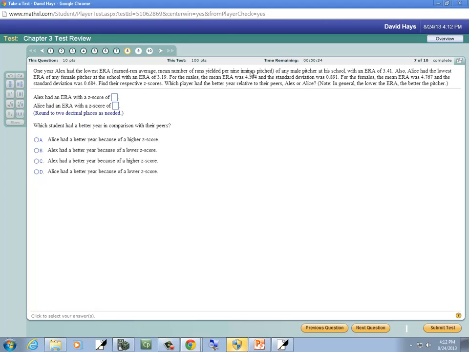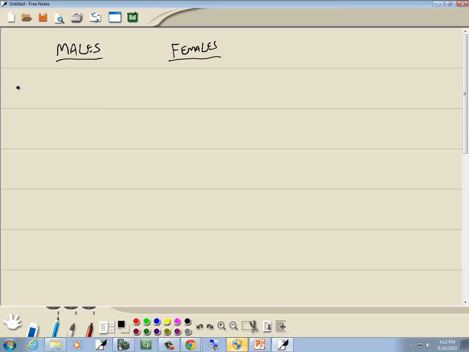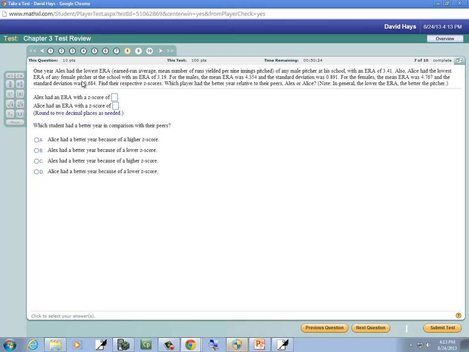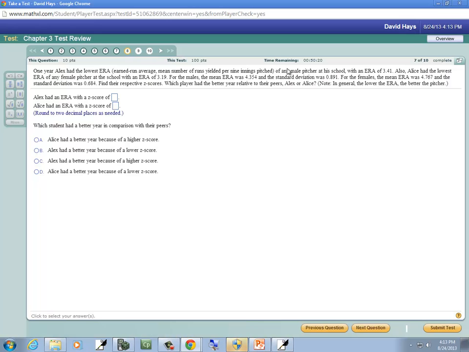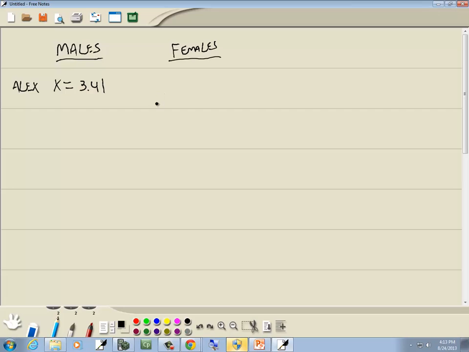Alex had the lowest ERA with an ERA of 3.41. So for Alex, x would equal 3.41. Also, Alice had the lowest ERA at the school with an ERA of 3.19. So for Alice, x is equal to 3.19.